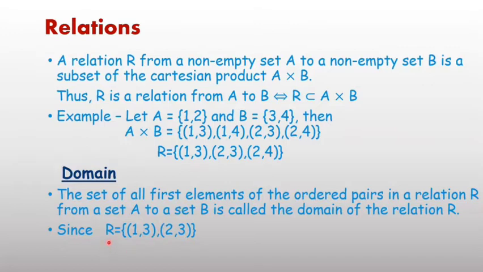One more example: if R equal to {(1, 3), (2, 3)}, it is also a relation, and here the domain equals the collection of first components, 1 and 2. So the domain of R is a set containing the first components of all ordered pairs of a relation. That is the domain.